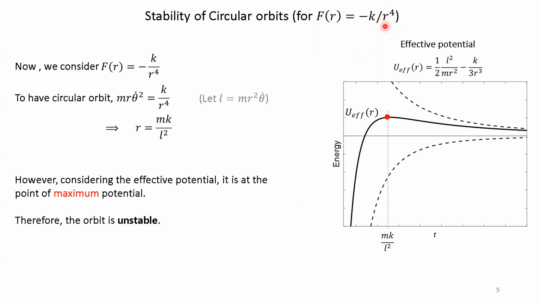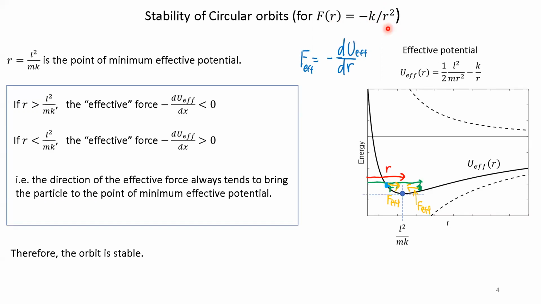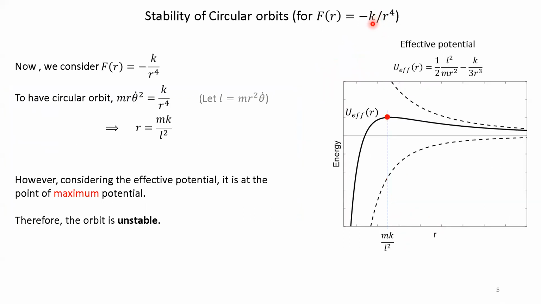So just remind yourself, although we are always using the same symbol, this K and this K do not have the same unit. Anyway, we figured out that this R has to equal mk divided by L squared.